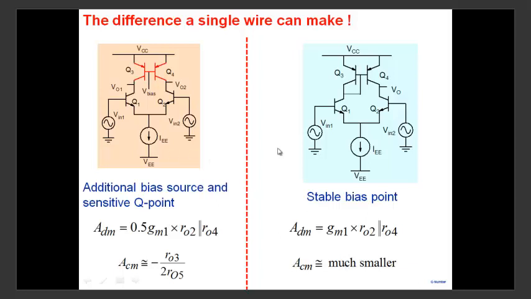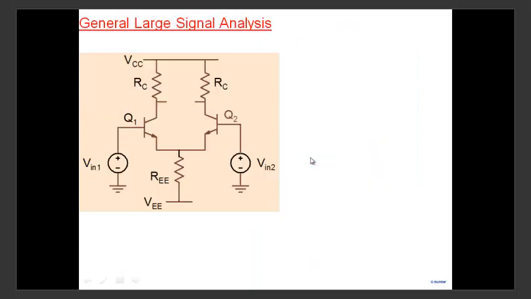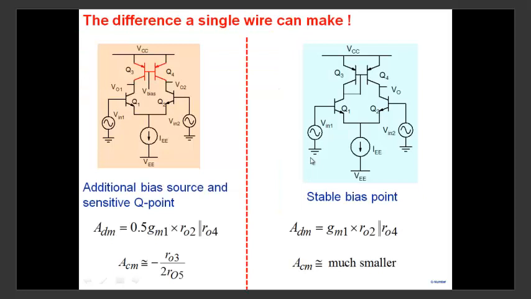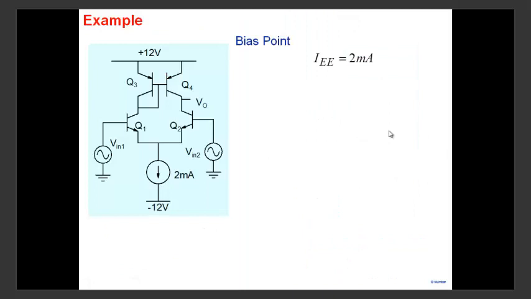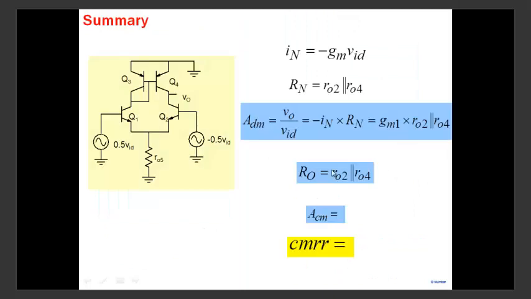Now, there's one point that I want to make before we stop our discussion. I've shown you here that the gain of this particular circuit is the Norton's current, which is GMVID, and Norton's resistance R02 parallel R04. We had gone through a complicated route to arrive at this expression.